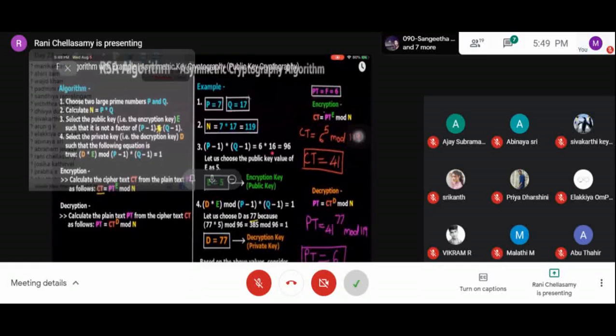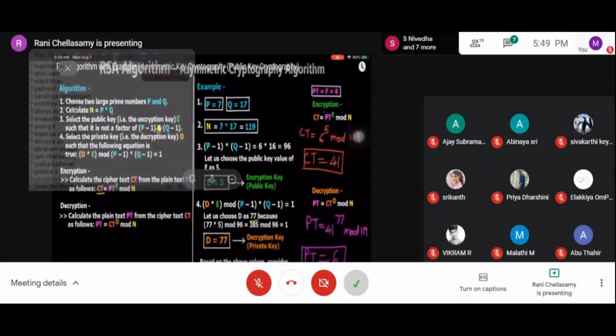So 6 cross 16 you will be getting 96. Now let us choose the public key value of E. We are choosing the public key as 5. Make sure that it should not be a factor of 96.